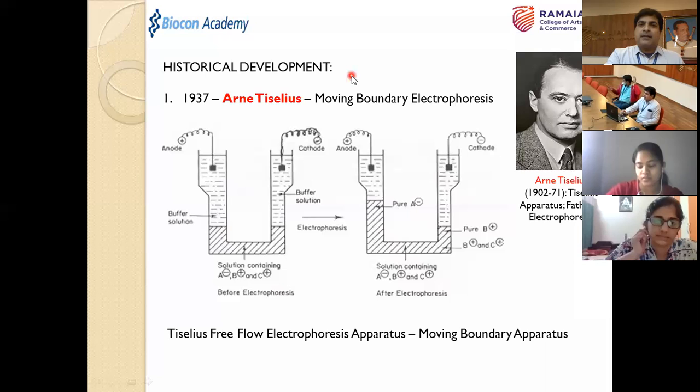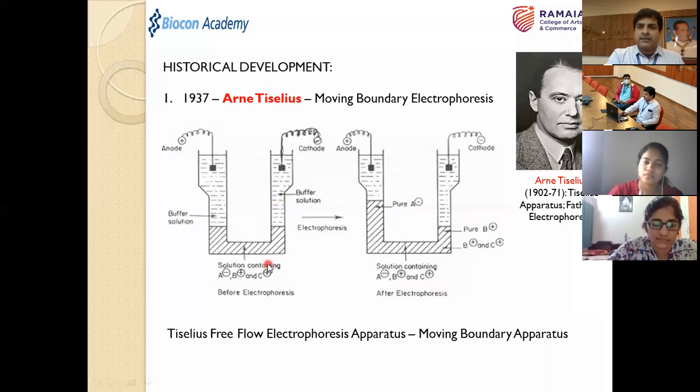In the U-tube apparatus, that is the moving boundary apparatus that they used, one of the arms acts as an anode and the other arm acts as a cathode. Your sample, which is supposed to be separated, is in the solution.